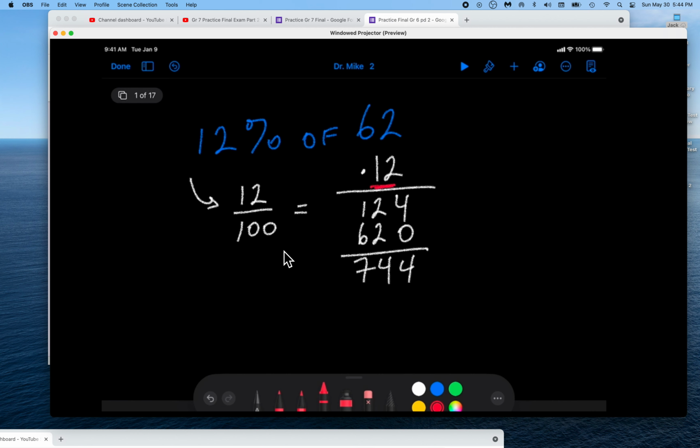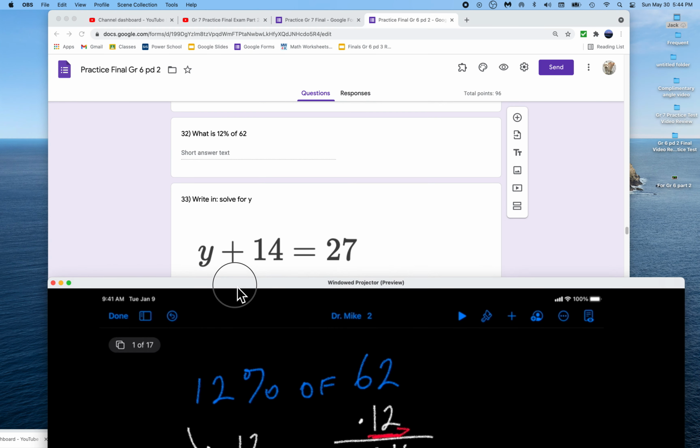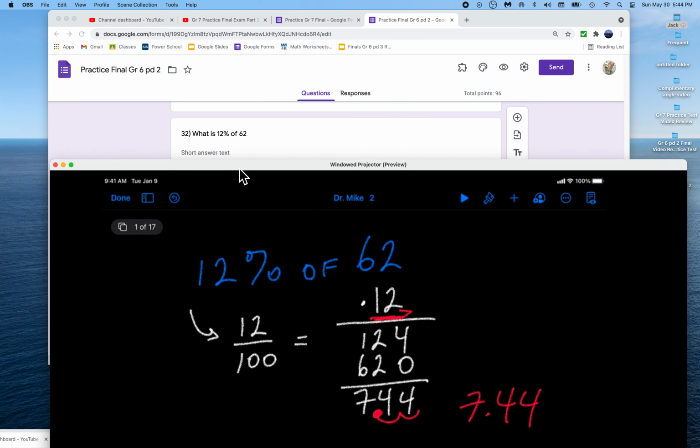It's 2 digits to the right of that decimal point. That means we've got to move this 2 places. So our final answer is going to be 7.44. That's what you would write in for that one.